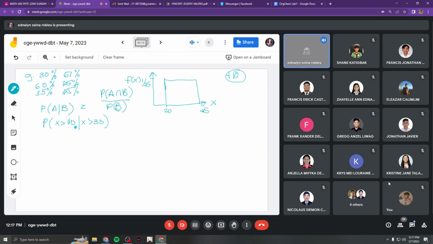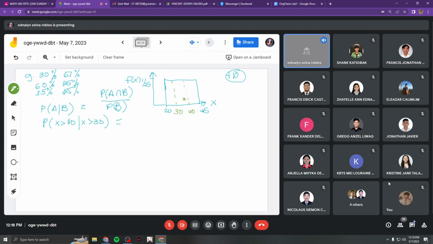So for us to find this, we will be using the probability of A and B, meaning the intersection of A and B, and the probability of B. So what is the intersection of A and B? Ano ba daw yung intersection ng A and B? Ang sabi natin, ito yung 30. Students take more than 40 minutes. What is the probability that the student will take more than 40 minutes given that they take more than 30 minutes?